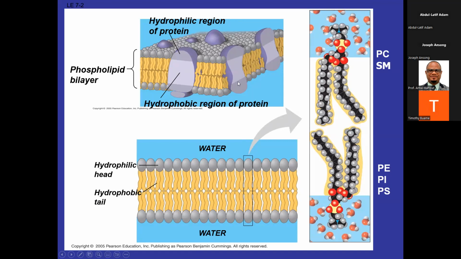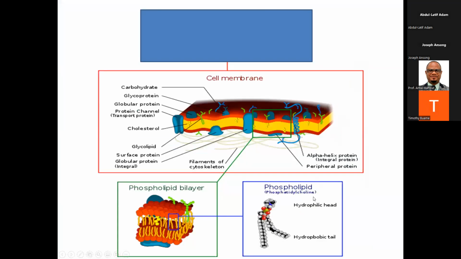You have the ion channels, you have sodium and potassium being able to move across, things like that. Then the membrane has other carbohydrates and proteins on top of it.